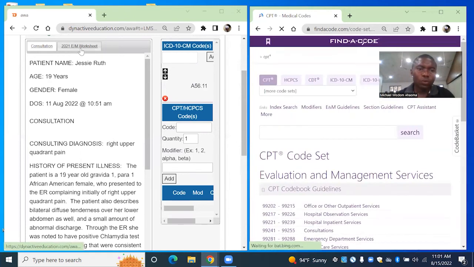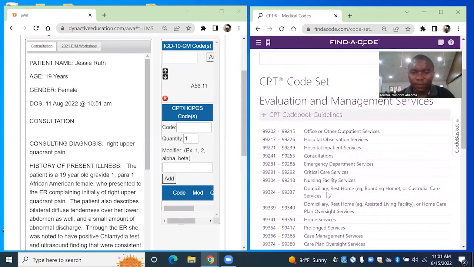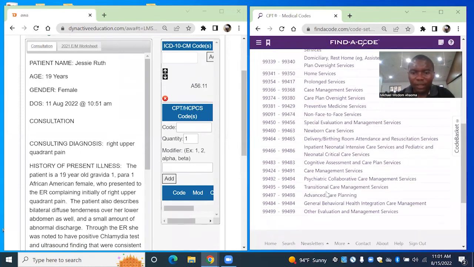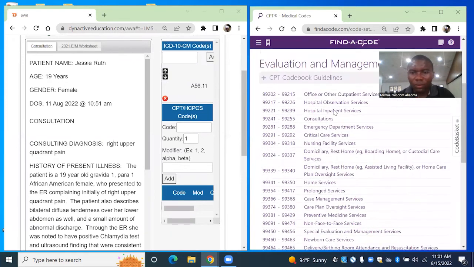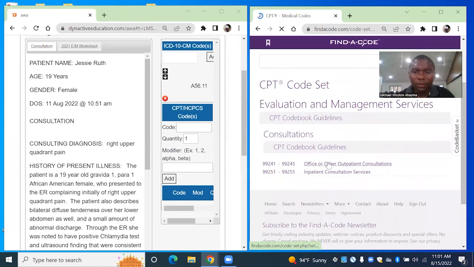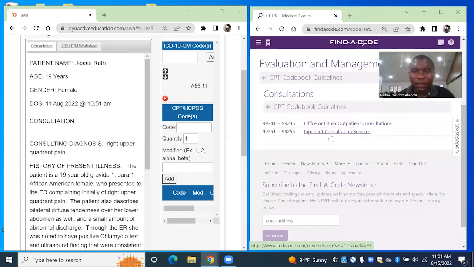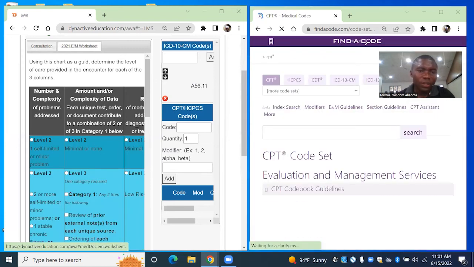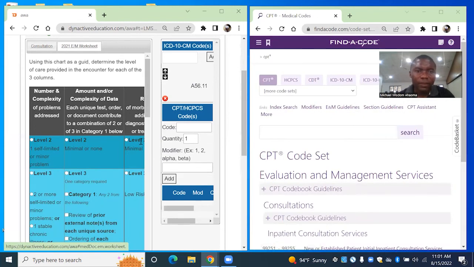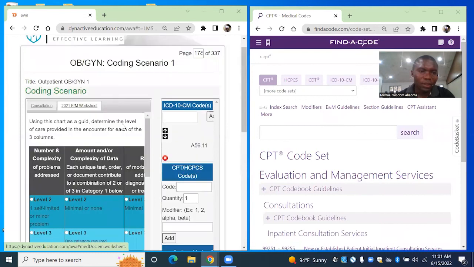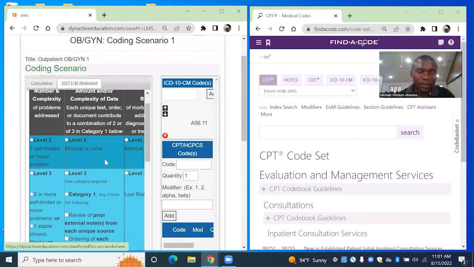Meanwhile, this worksheet has been provided for us. So this is an inpatient consultation. I really want to open this worksheet so that we can all see it.